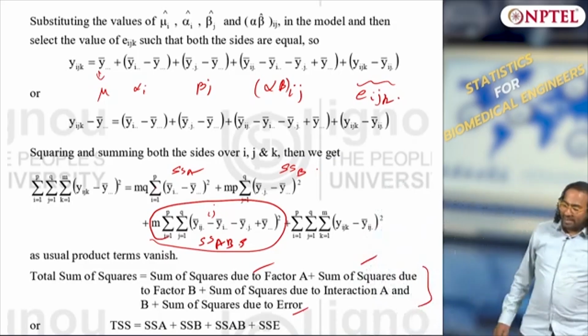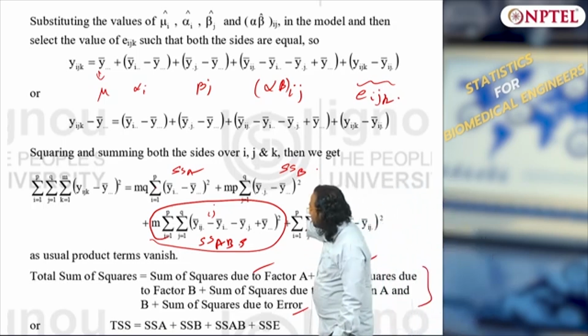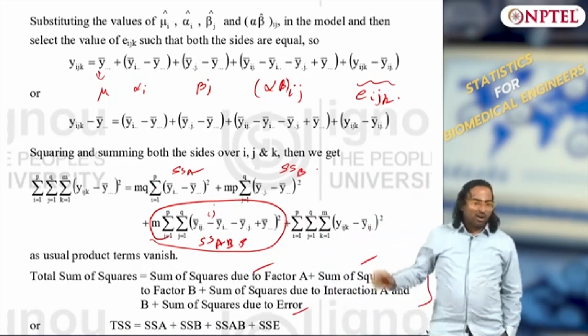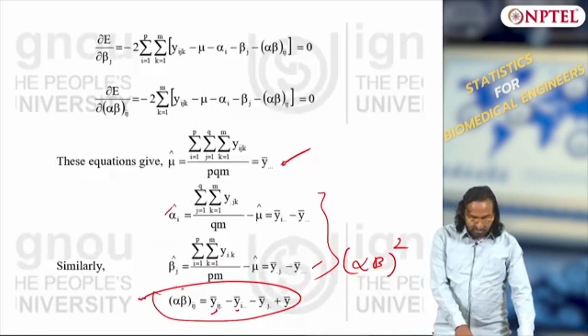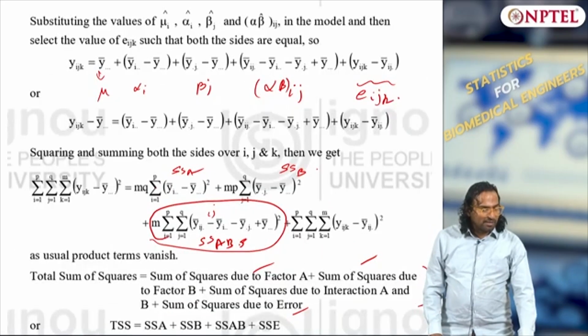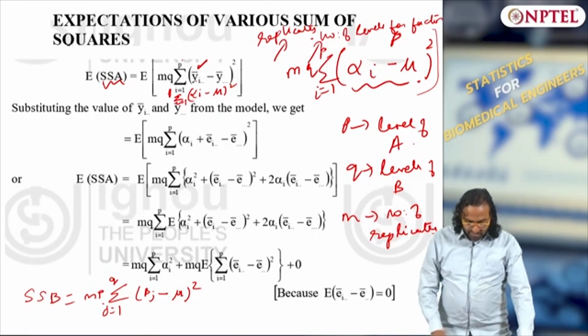So when I write it out as alpha beta the whole square, alpha beta itself is nothing but yij dot bar minus y bar, all of this is included. This is how we estimated alpha beta. Clear everybody?